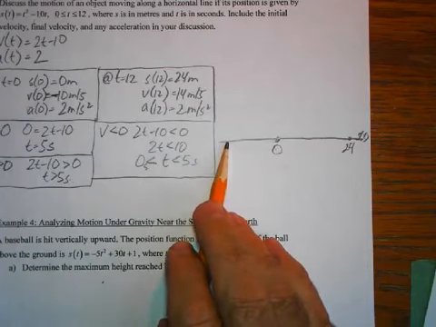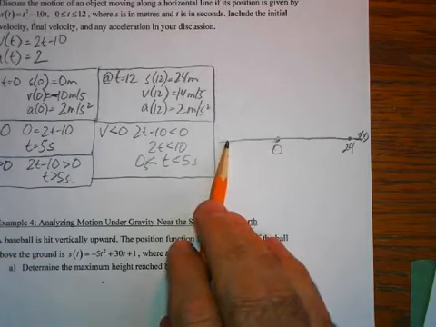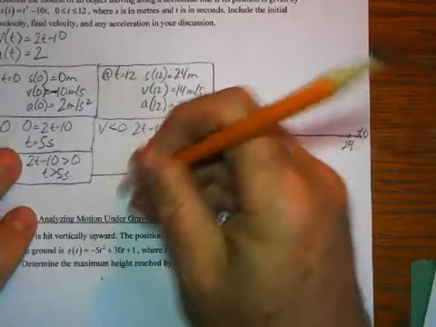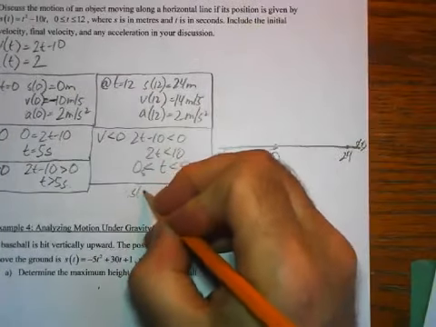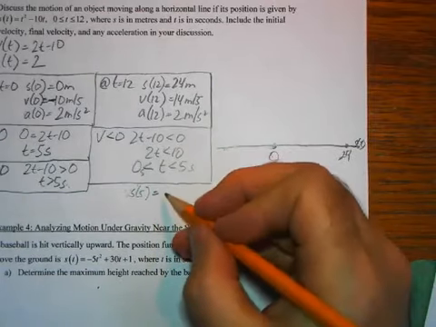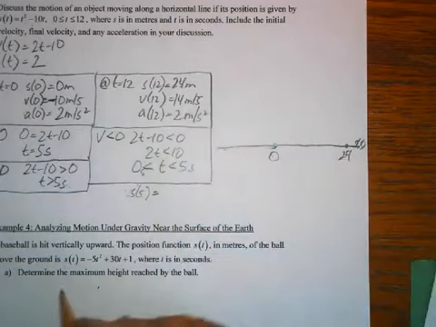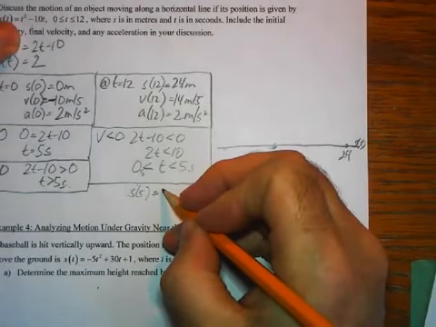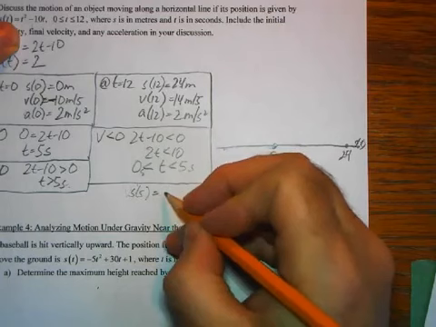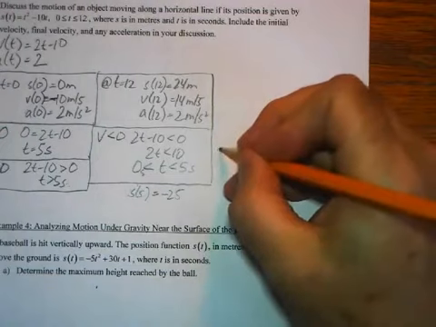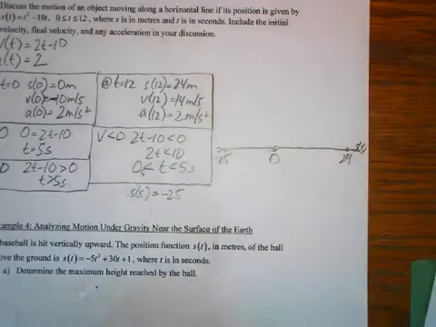So it'd be nice to know, well, how far did it end up going before it turned around? So we could plug that in. We could say, well, what's, not velocity, what's the position, S of 5. S of 5 is equal to 25 minus 50, which is negative 25. Okay, so I'll just put my negative 25 out there. The scale is a little bit off, you can see that.